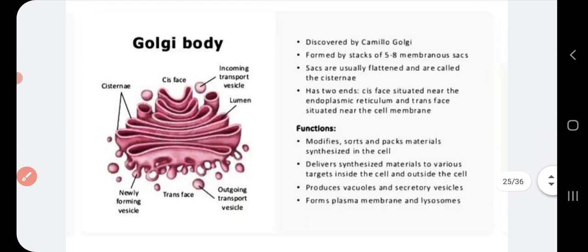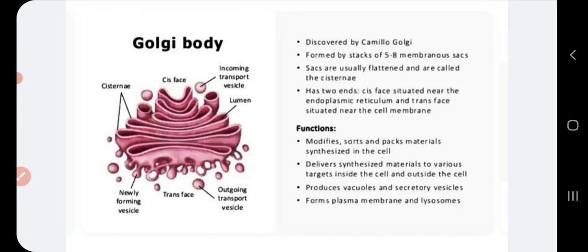Now Golgi bodies. Golgi bodies were discovered by Camillo Golgi; his surname is Golgi, so they are called Golgi bodies. They are formed by 5 to 8 membranous sacs, usually flattened and called cisternae, and have two ends: the cis face, situated near the endoplasmic reticulum, and the trans face, situated near the cell membrane.